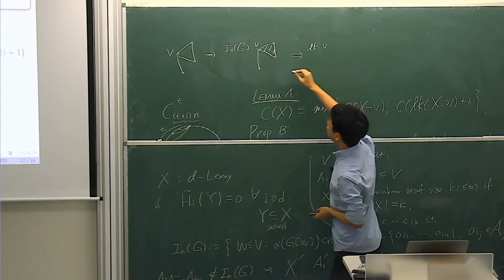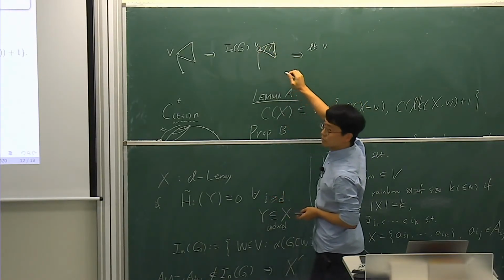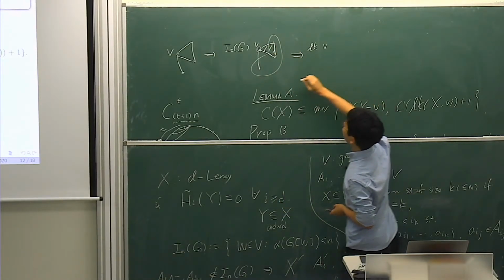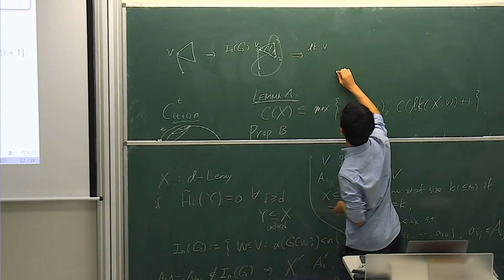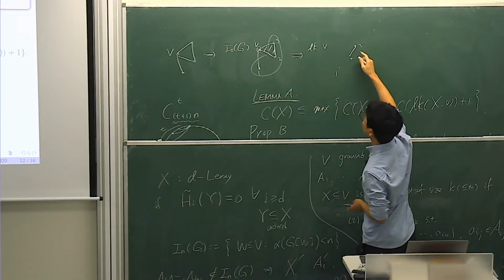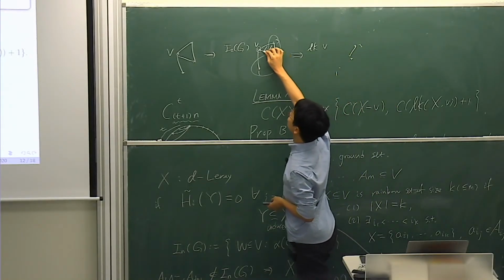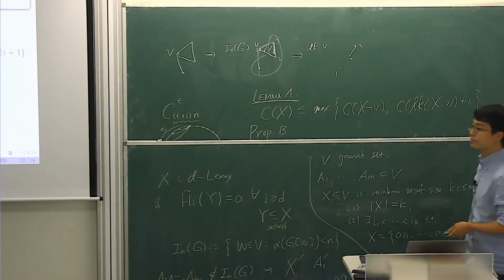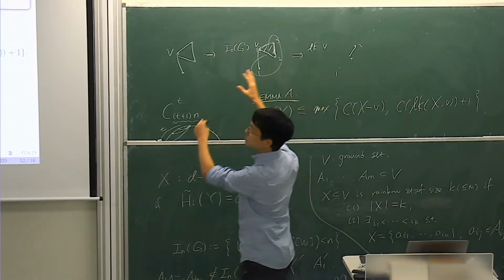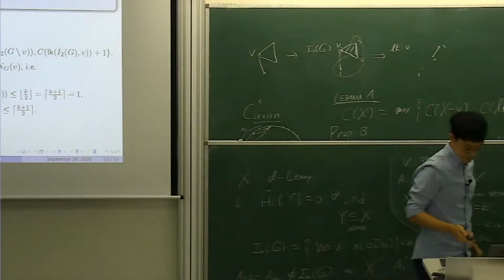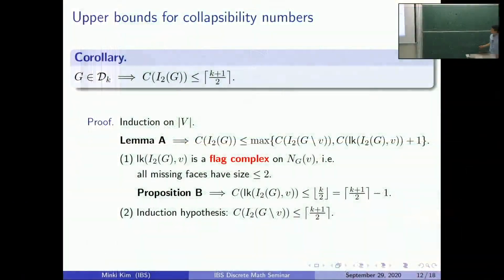It's a complex on these three vertices, so it will be 1, 2, 3, they are all in the complex, and 2, 3 is also in the complex because this triangle is a face. So it's precisely the clique complex on the open neighborhood of v. So we are done.